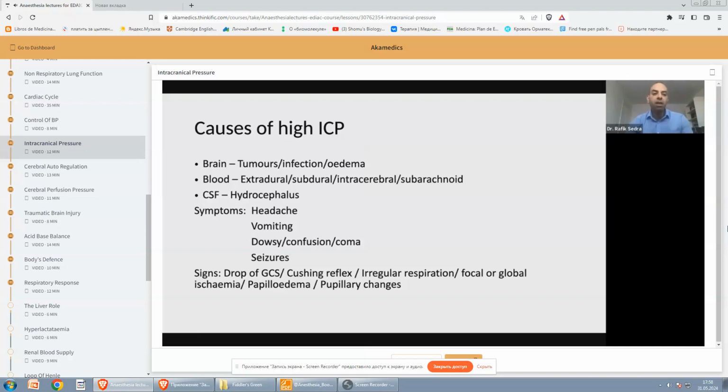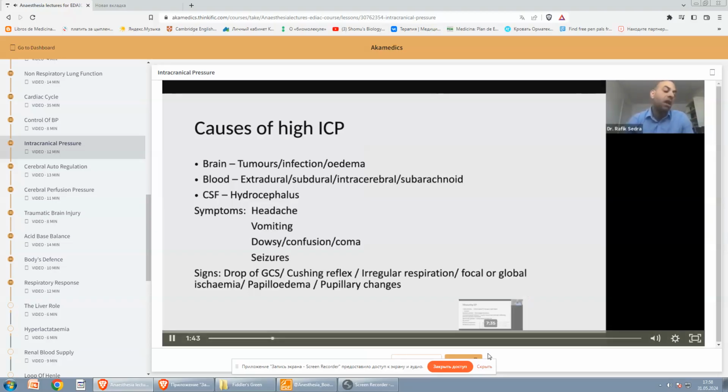CSF. Brain can happen very easily, as you can expect: tumors, brain edema due to ischemia, due to infection, due to any metabolic reason as well. Like when you see cerebral edemas, for example, in people who got hypoglycemia, or hypoxia, which unfortunately sometimes can happen in an ICU, especially nowadays.